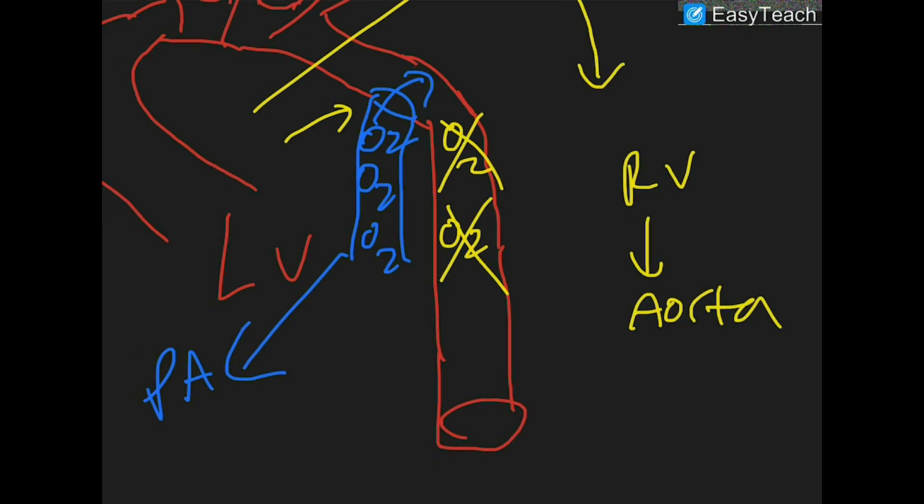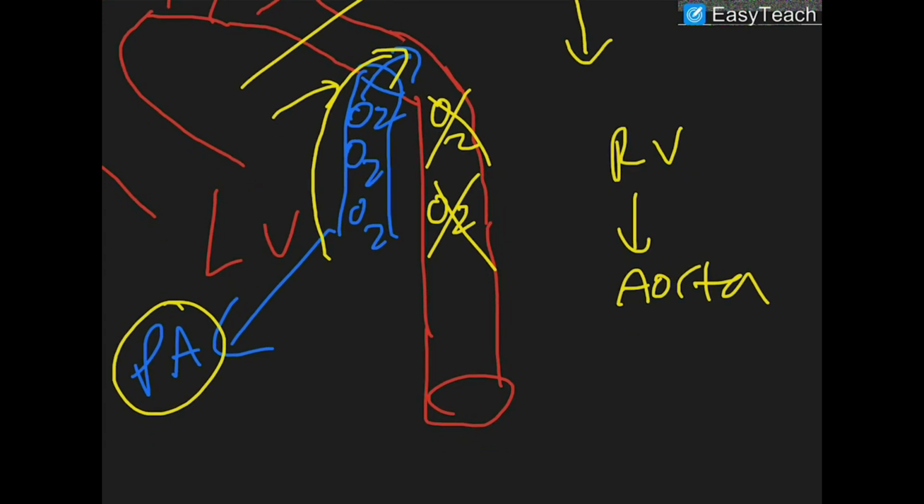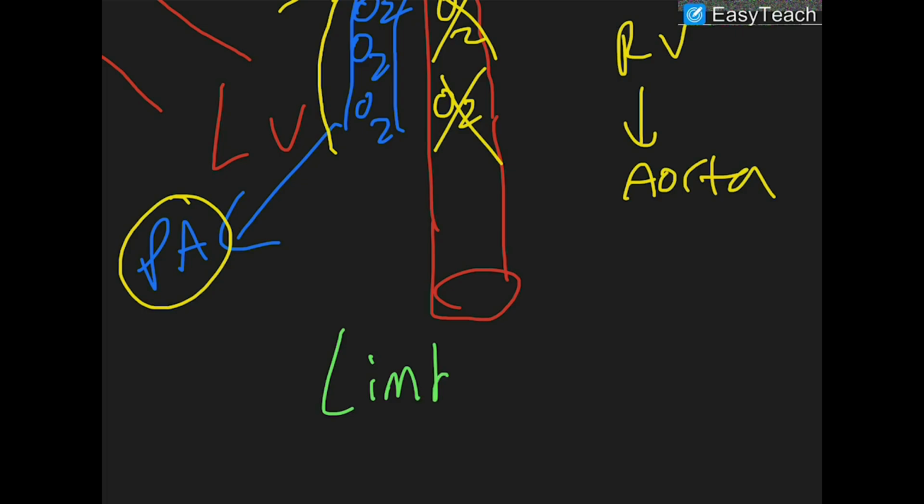But then the pulmonary artery, due to the patent ductus arteriosus, is dumping oxygenated blood. So that means then that the blood going to the limbs is going to be oxygenated, right?